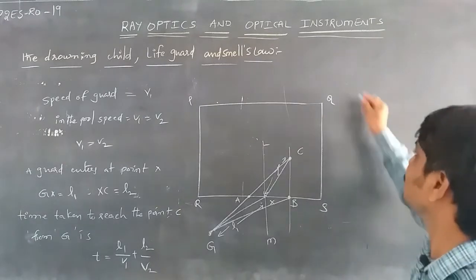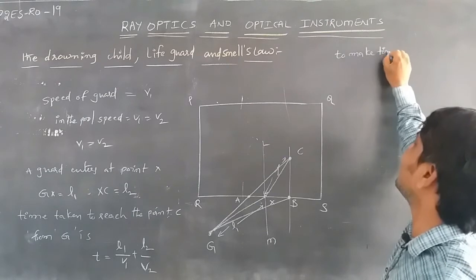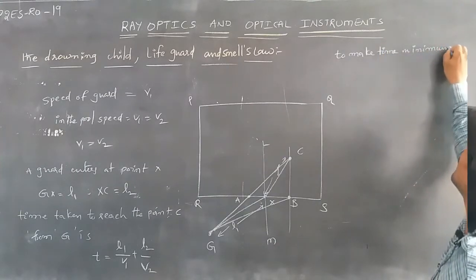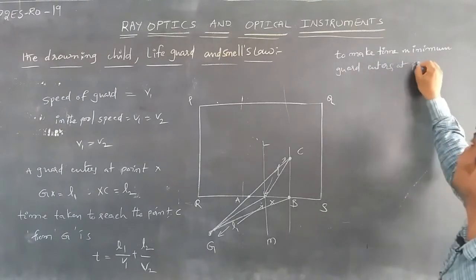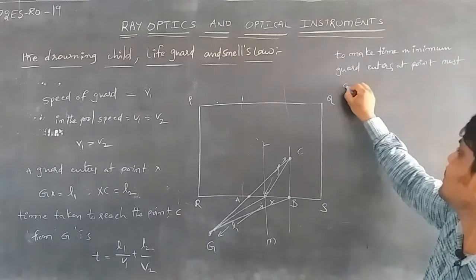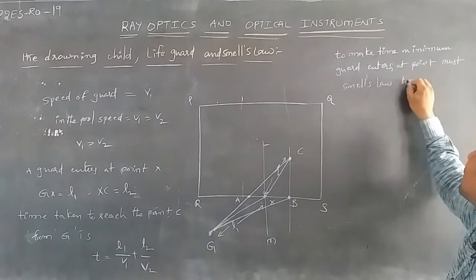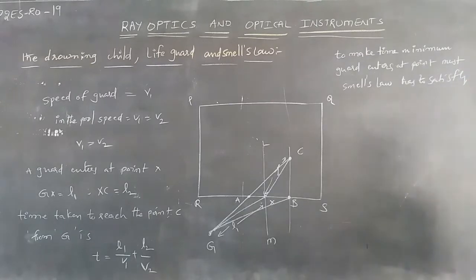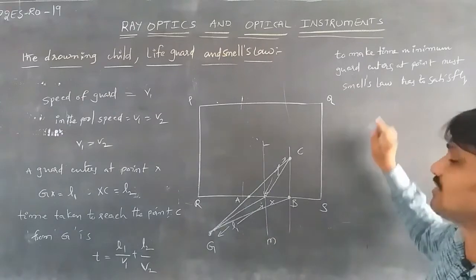So to make the time minimum, the guard enters at a point where Snell's law has to be satisfied. That is where the guard has to enter the pool.